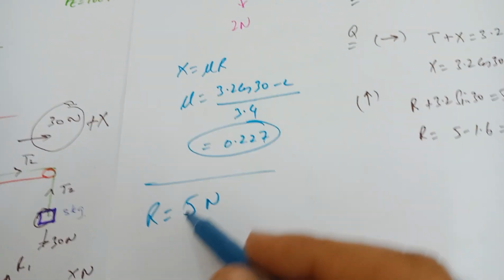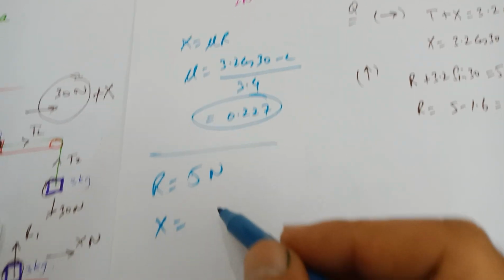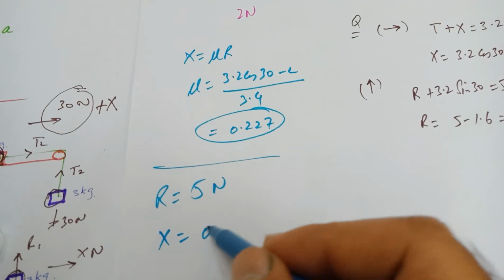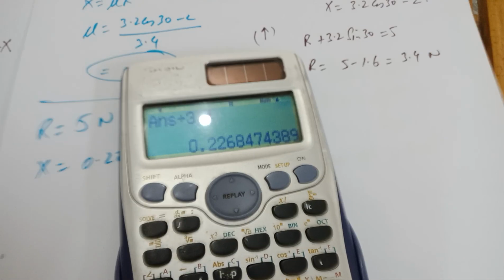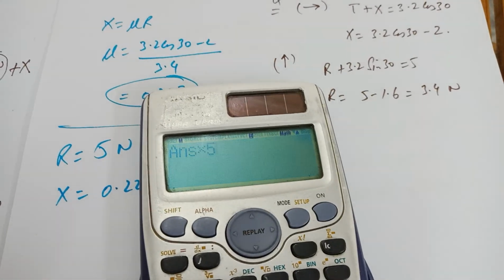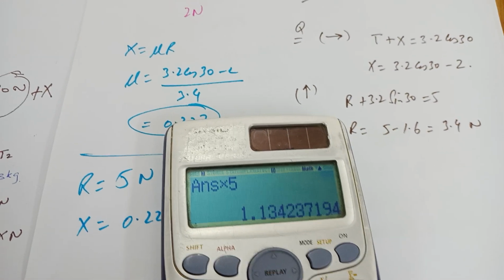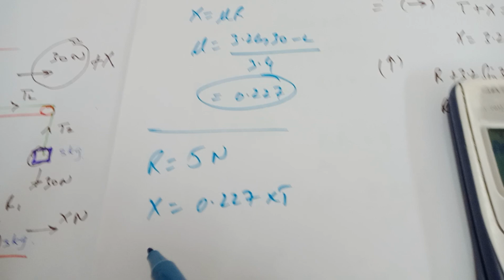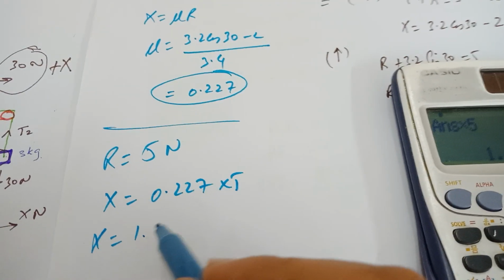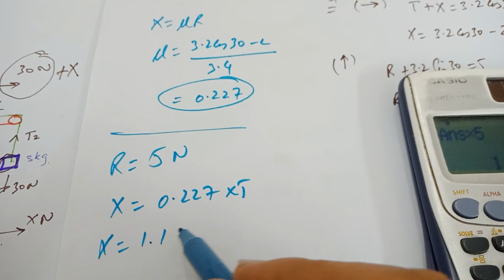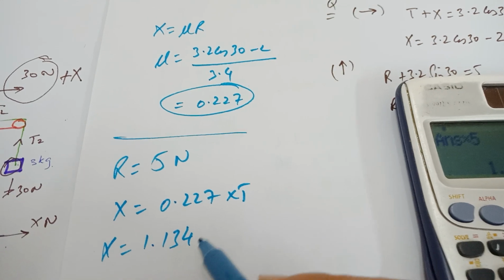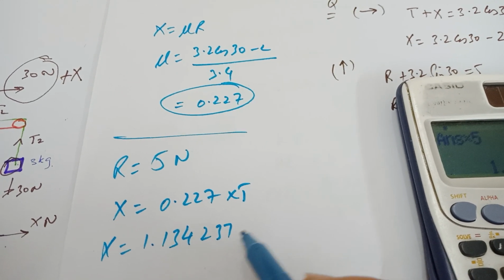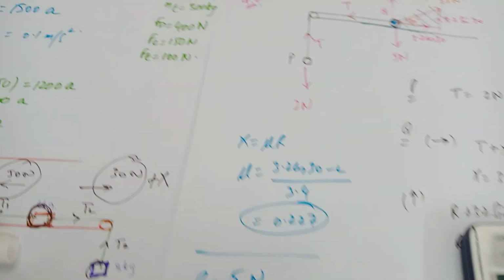When R is 5, you will recalculate the frictional force, that is mu, 0.227, times 5. I have its exact answer here, so I'm just going to do that times 5. So this is the frictional force over here.